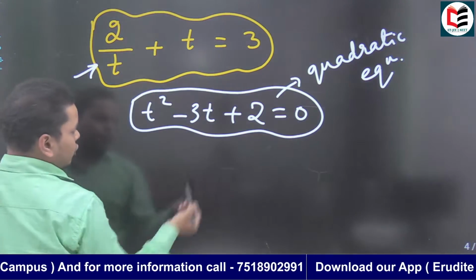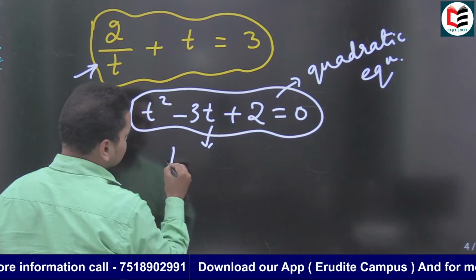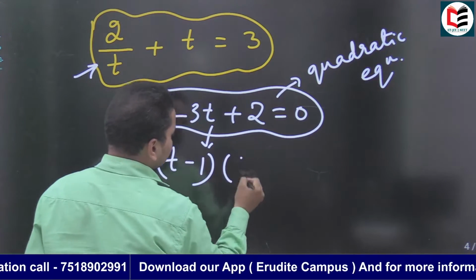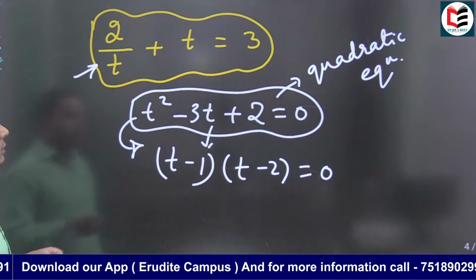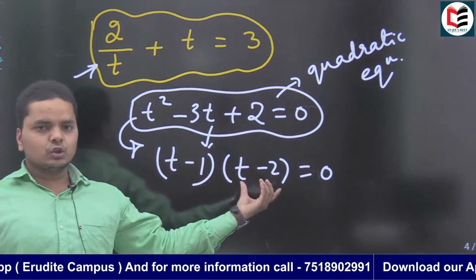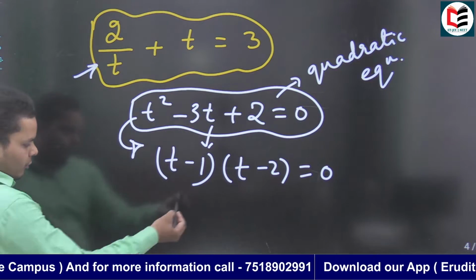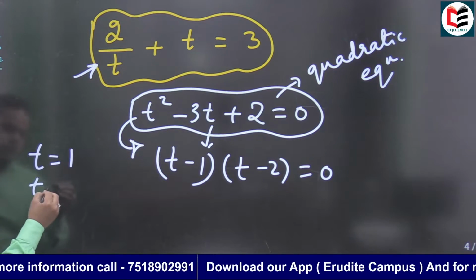After factorizing this quadratic equation, we get t minus 1 and t minus 2 equals 0, and from here you get the values t equals 1 and t equals 2.